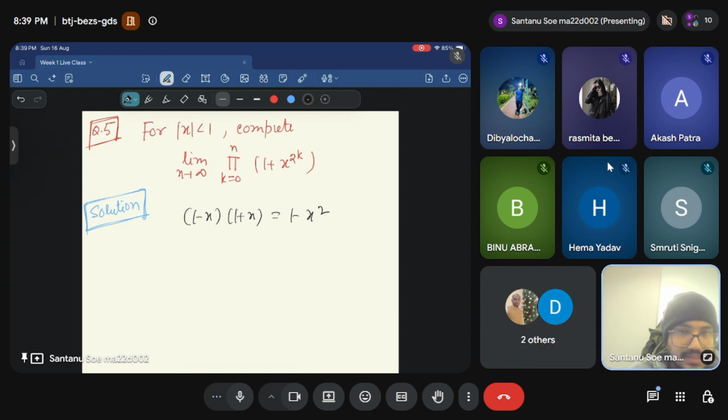Yes, I think Ranjit has got it. This is the approach you can follow. So this will be just the product, 1 minus x to the power 2 to the power n, right, Ranjit? Divided by 1 minus x. Correct?